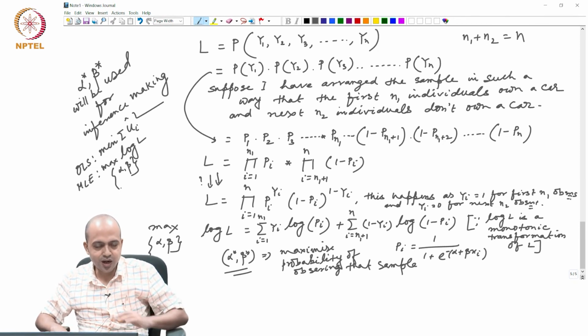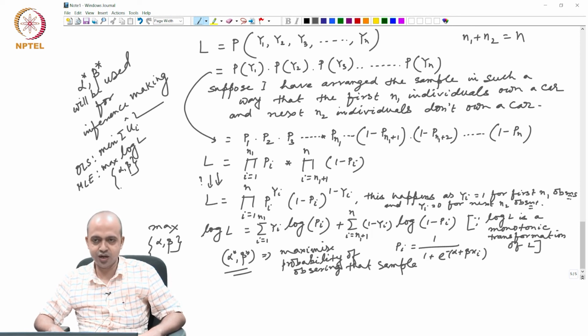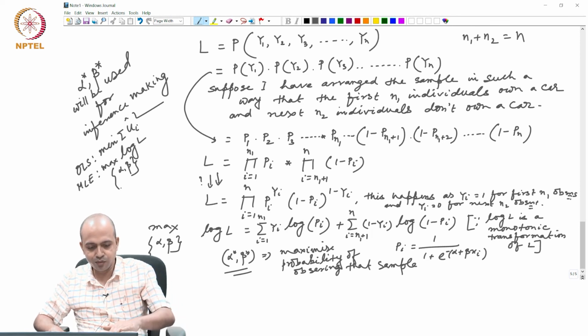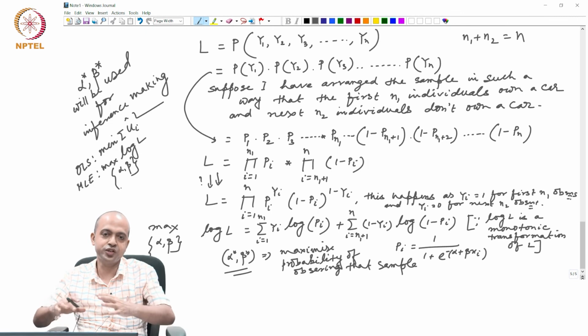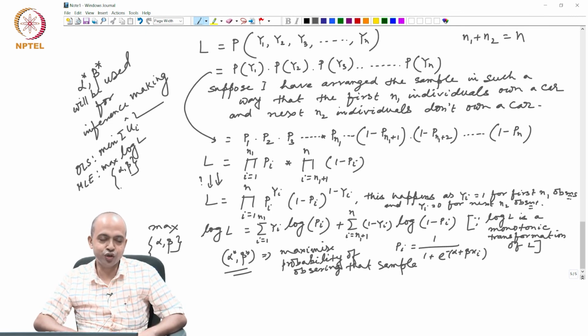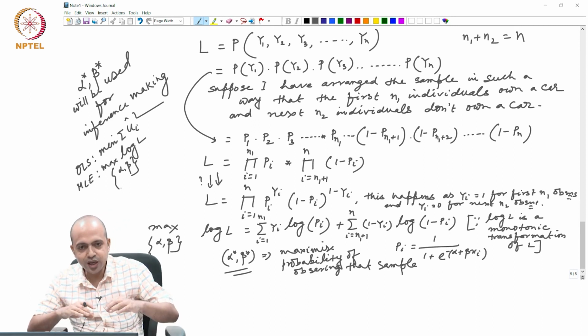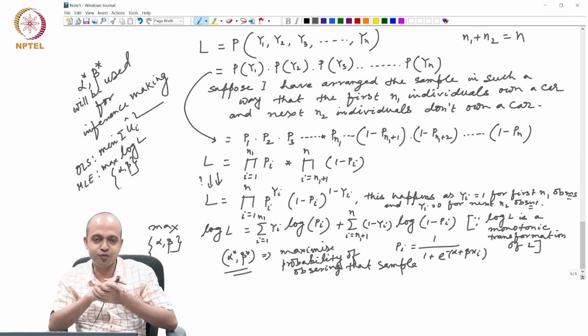And there are certain advantages of this MLE. The advantage is that this alpha star and beta star, what you get after maximizing log L, they are asymptotically efficient, and they approach normality, that is also asymptotically. So, they are efficient asymptotically. That means what?